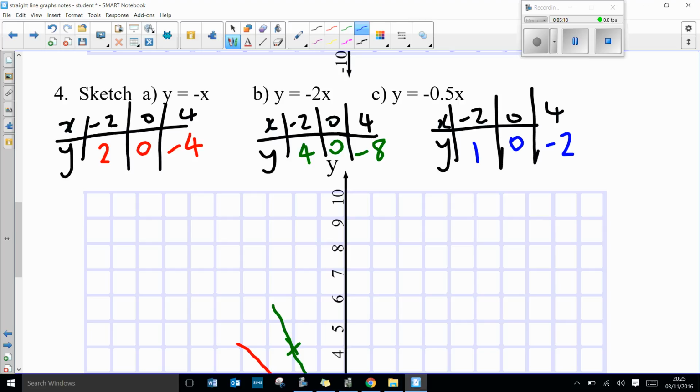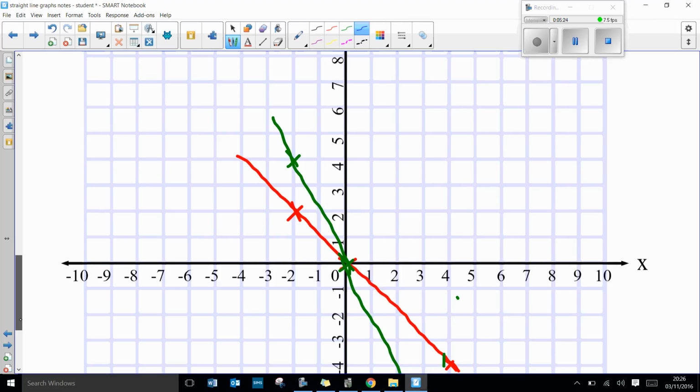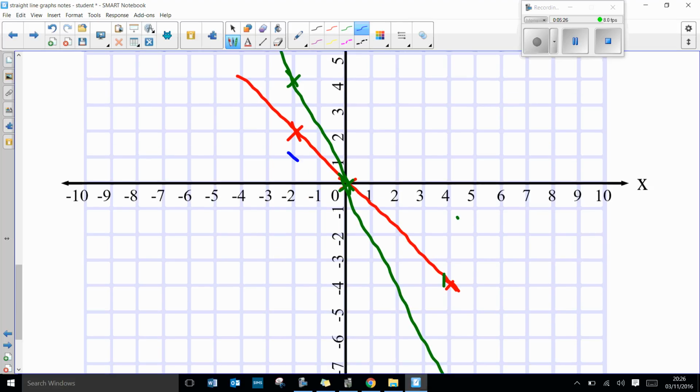These obviously you can all calculate on your calculators if you wish. So we're plotting the coordinates negative 2, 1, 0, 0, and 4, negative 2. Again, they are all negative gradients, so they're downhill sloping, but they all seem to go through the same coordinate of 0, 0.